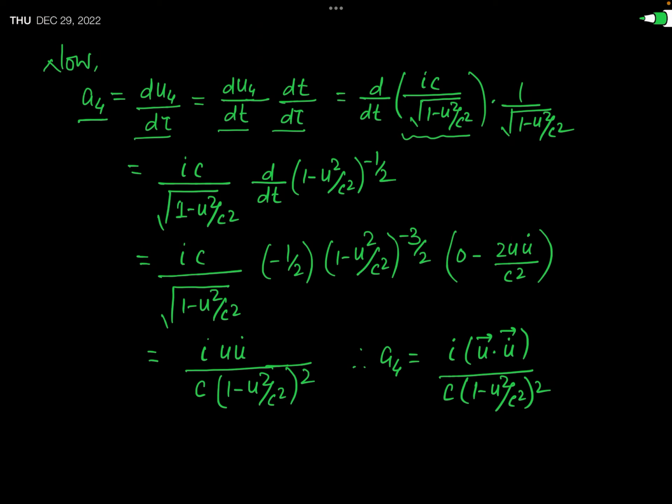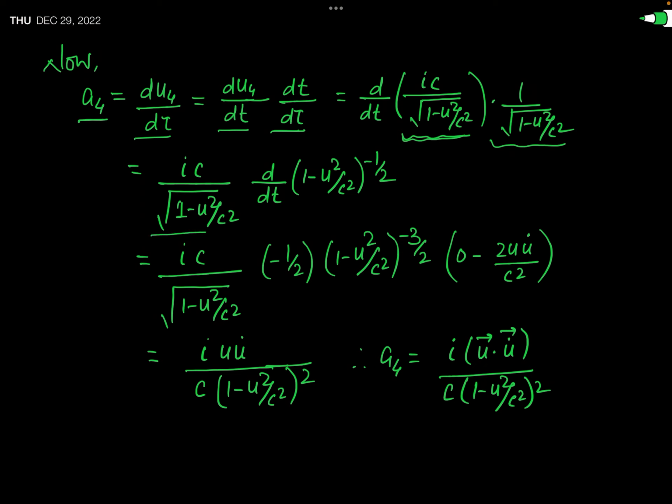So this will be d/dt of this much. And you have just seen earlier that dt by d tau is equal to 1 over root over 1 minus u square by c square. Now here ic is a constant factor, so we will simplify this RHS in this way.